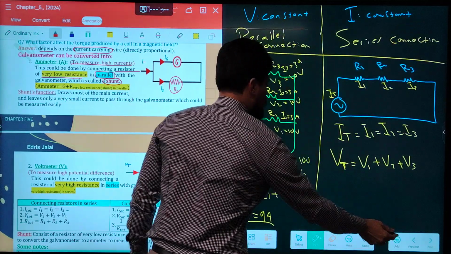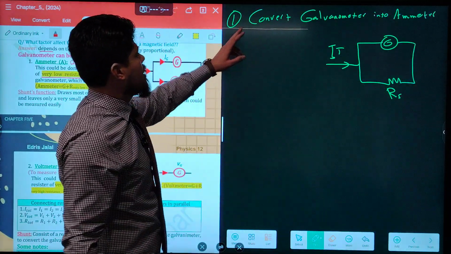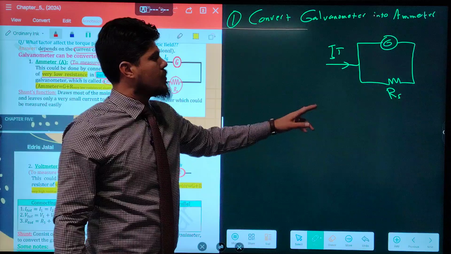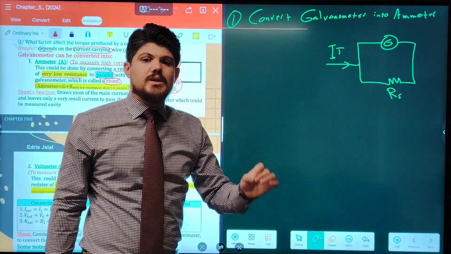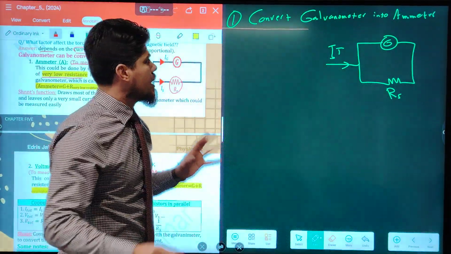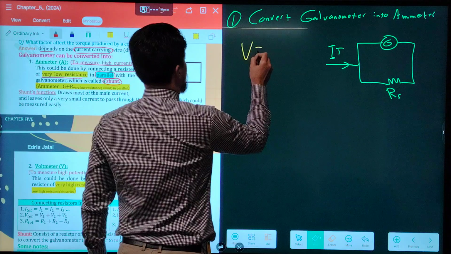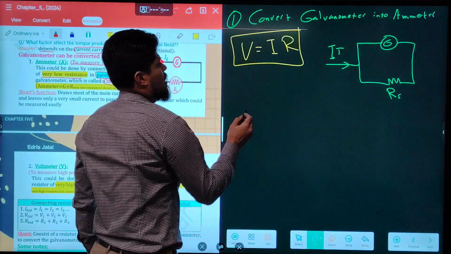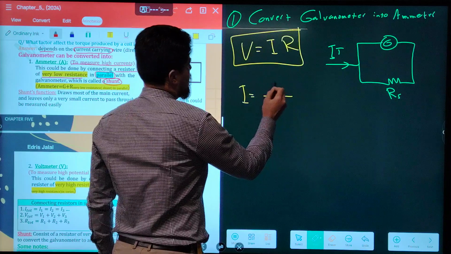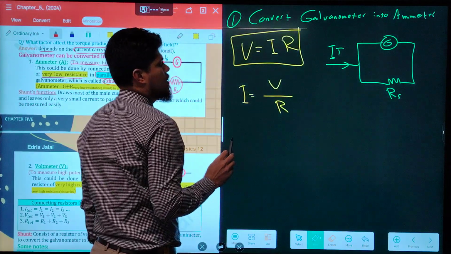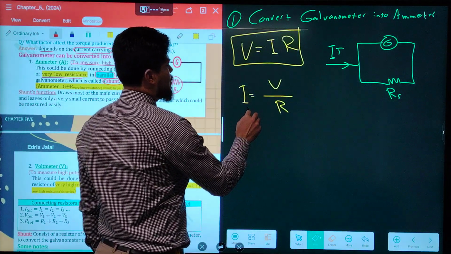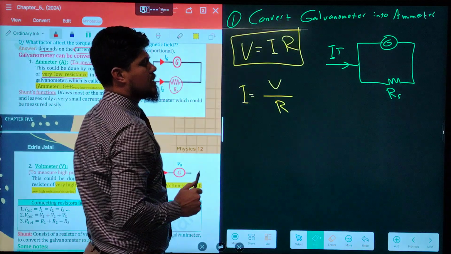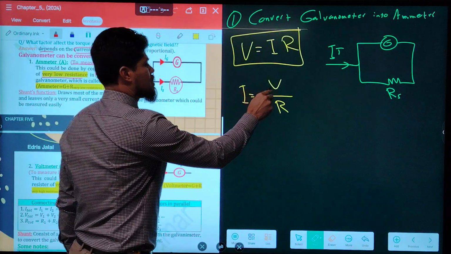Now I'm going to tell you why, in converting a galvanometer into an ammeter, we have to use a very low resistance in parallel connection. According to Ohm's law, V is equal to IR, so I is equal to V over R. What is the relation between I and R at constant potential difference?